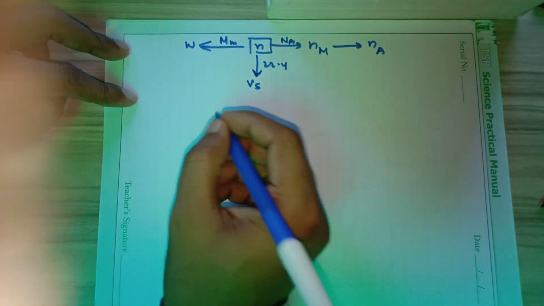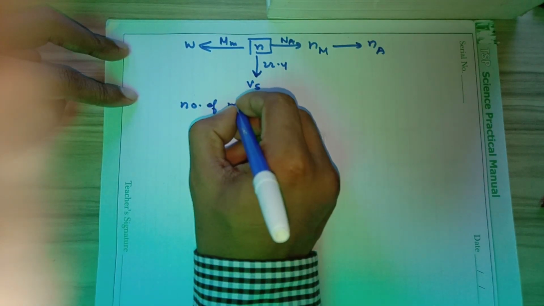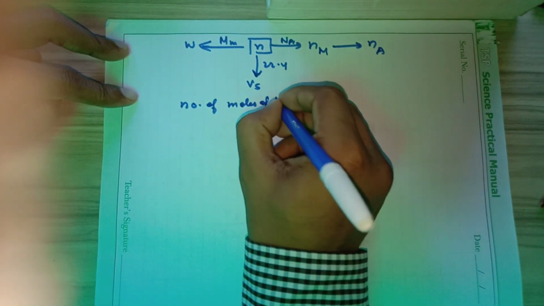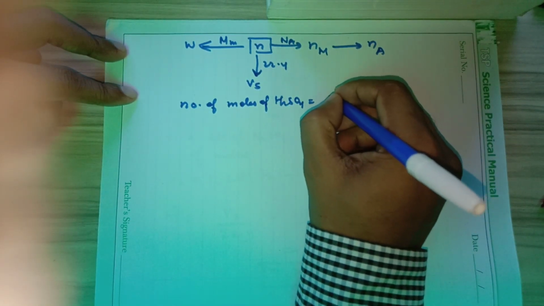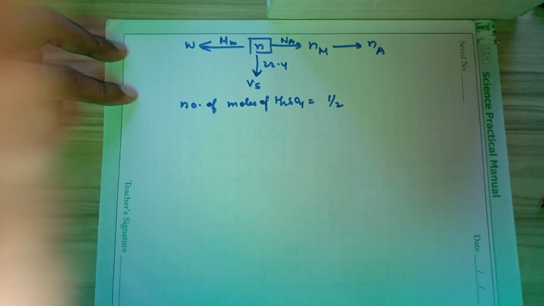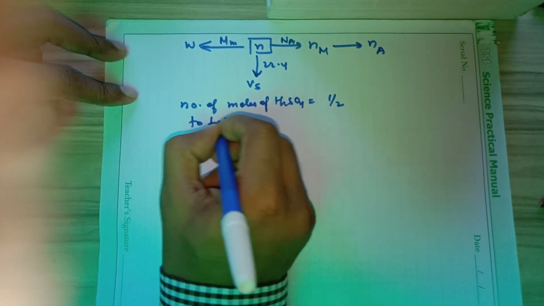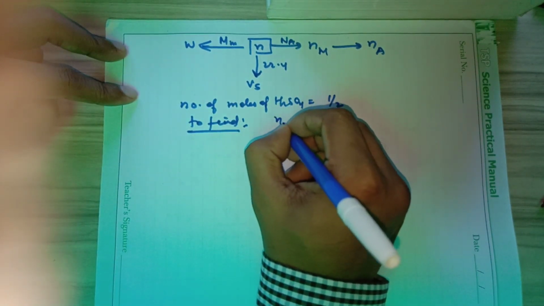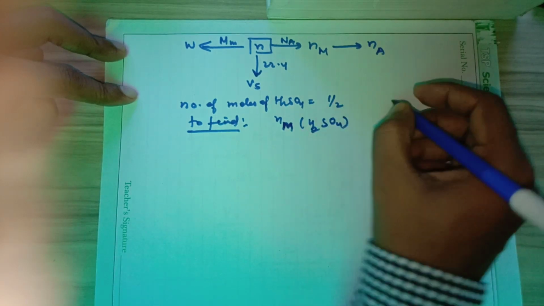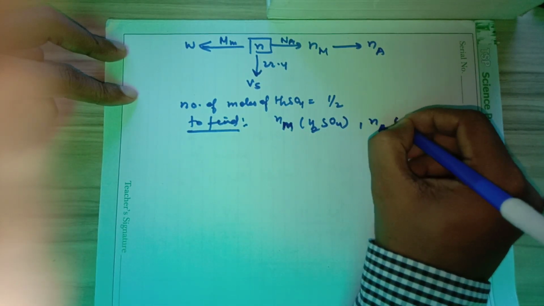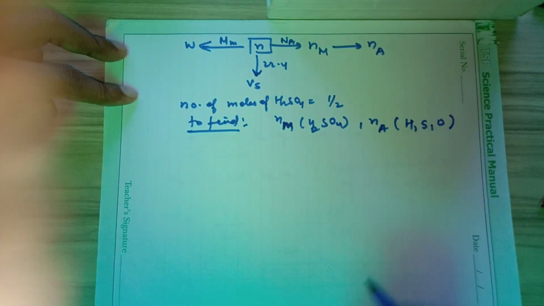Suppose you are given the number of moles of H2SO4 as 1 by 2. To find is the number of molecules of H2SO4 and the number of atoms of hydrogen, sulfur and oxygen.